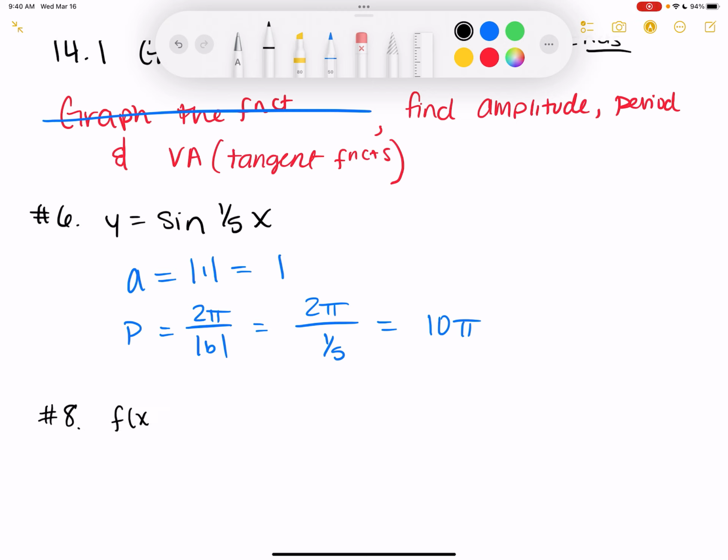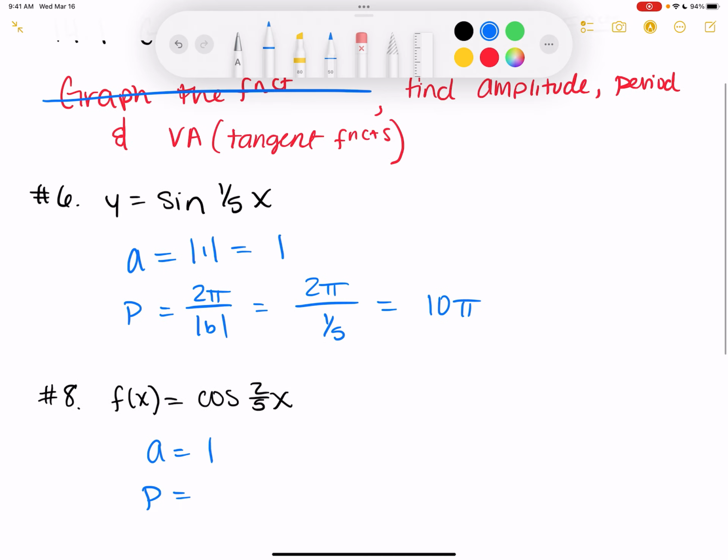Mathy, though. F of x is equal to the cosine of 2/5 x. So what is the amplitude for this one? 1. Amplitude is 1.